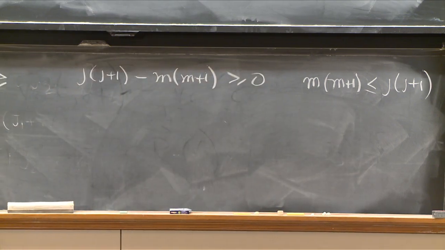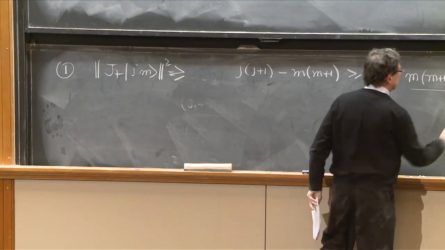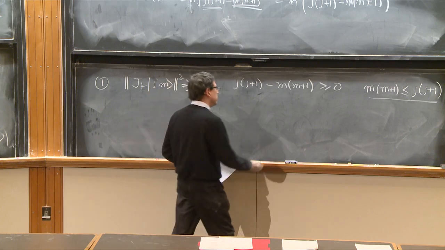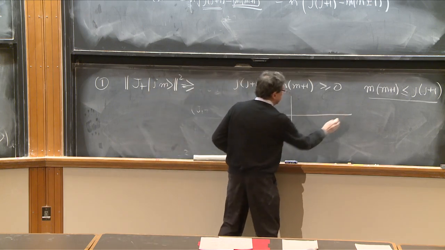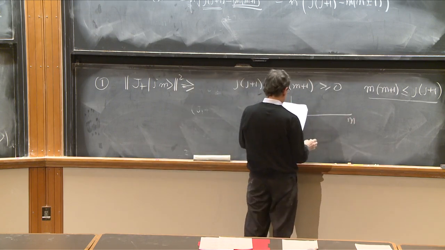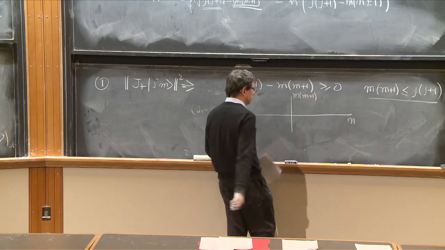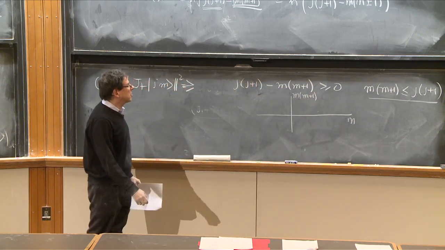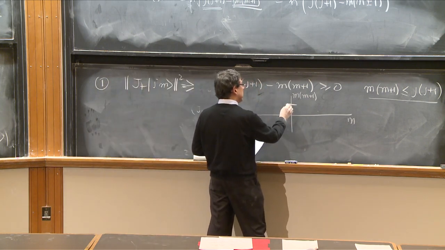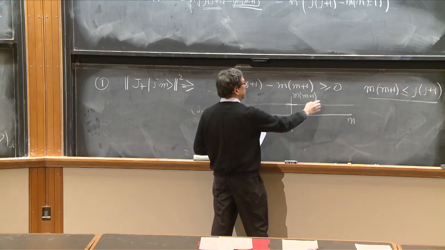The best way, at least for my mind, to solve this kind of things is to just plot them. So here is m, and here is m times m plus 1. So you plot this function, and you want it to be less than some value of j times j plus 1.